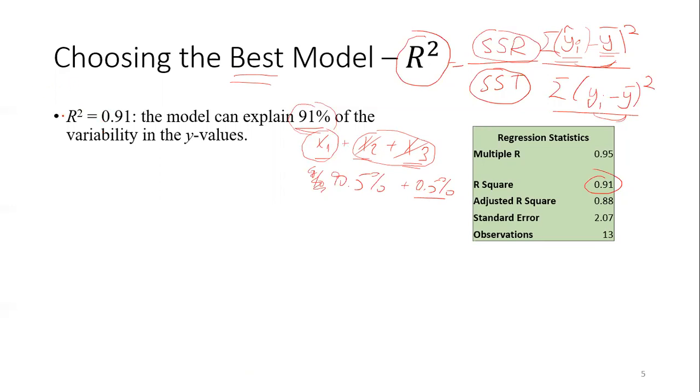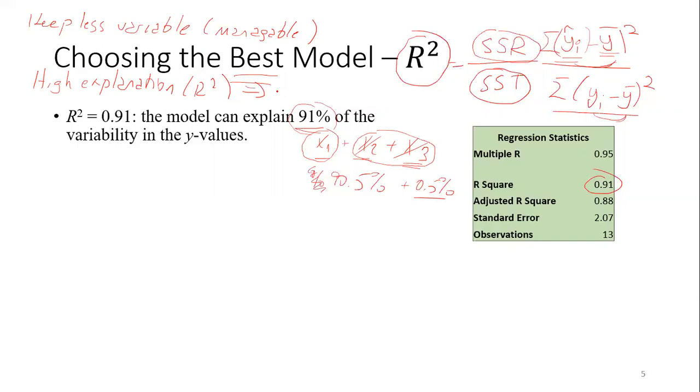So there is a trade-off here, okay? You want to keep fewer variables in the model, because then the model is more manageable. But you also want high explanation, a high R square.